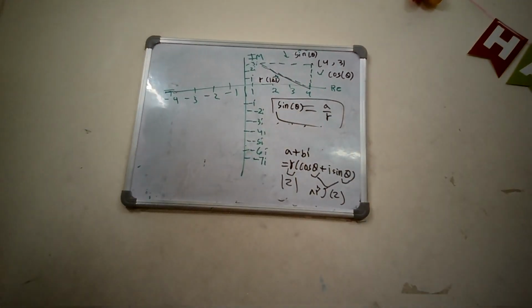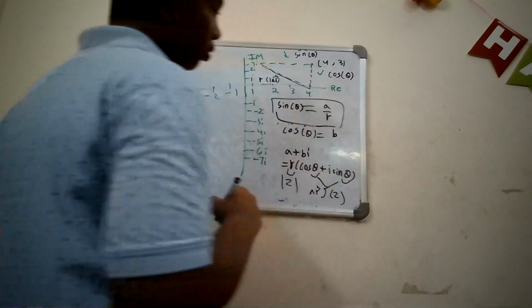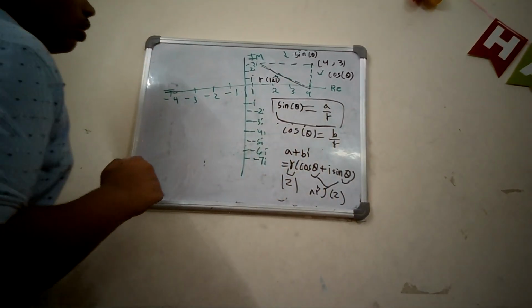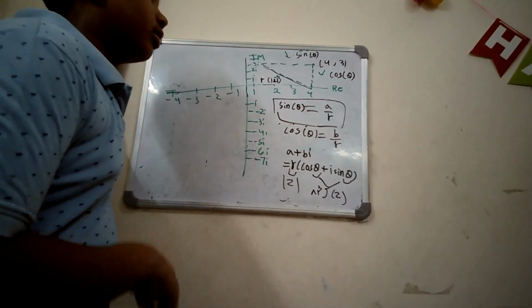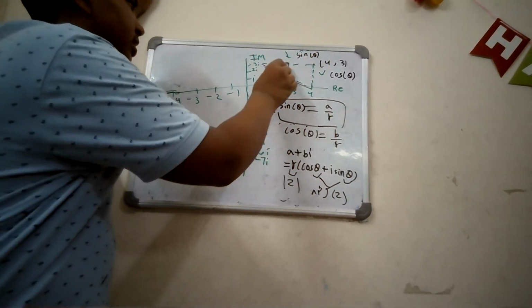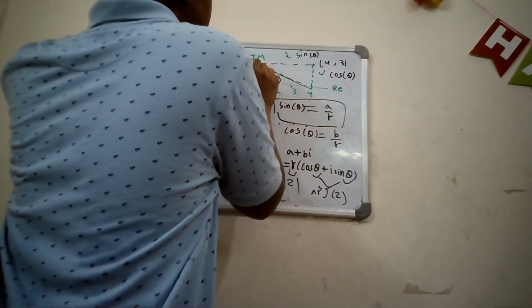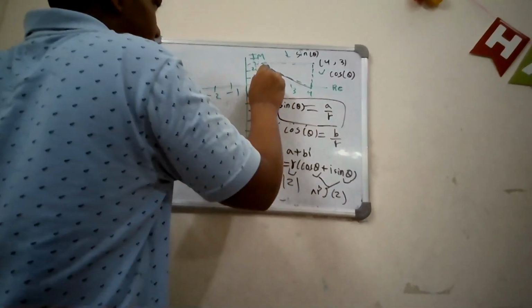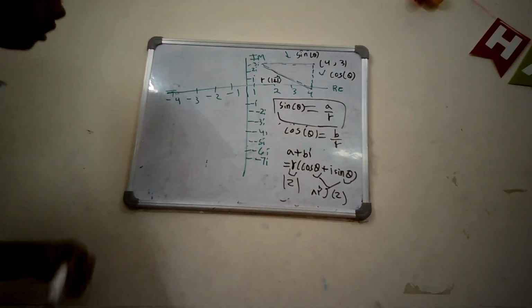Cos theta will be equal to B upon R. This is B, this is the adjacent, and this is the hypotenuse R, as we call it, the radius. Okay, good.